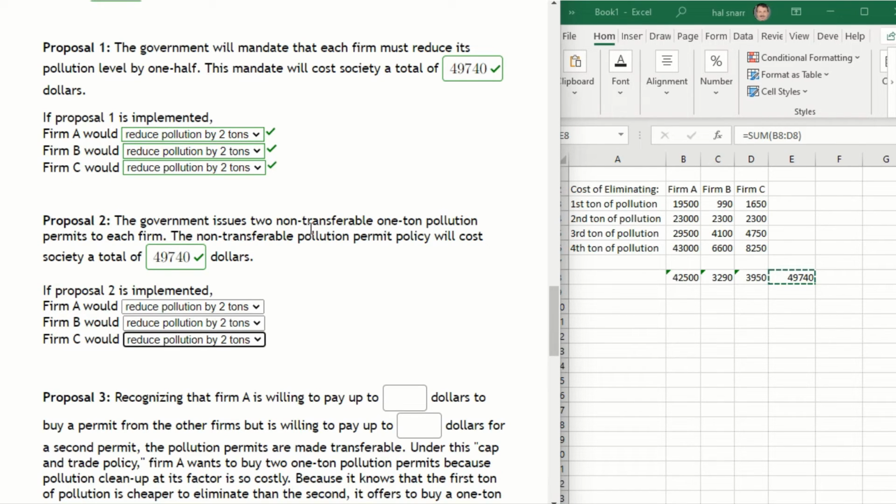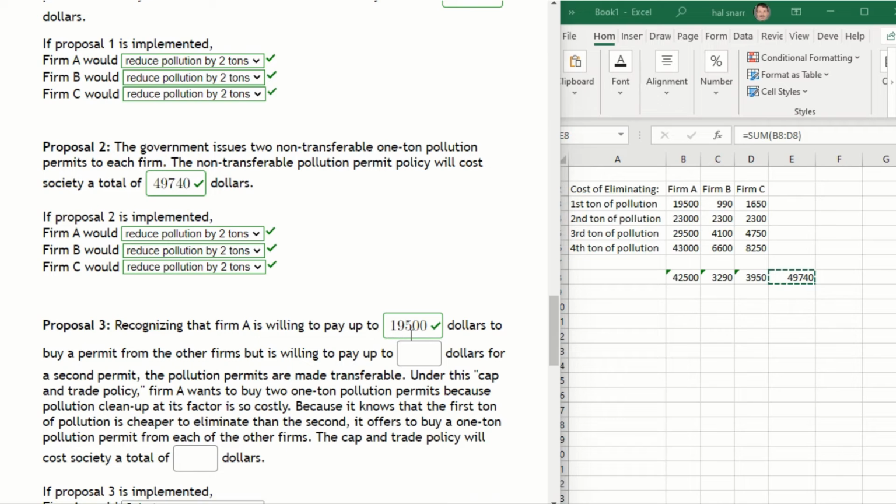If they were transferable, A knows that B is a new firm with new equipment, and its equipment and people don't pollute as much as it does, right? So firm A knows that pollution reduction at B and at C is much cheaper, right? So B and C might be willing to sell A a permit each, right? Okay.